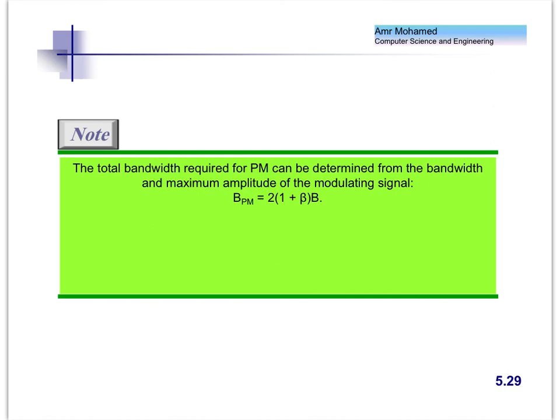So if we were to summarize all the AM, FM, and PM. The bandwidth for all cases is 2 times 1 plus beta times B. So for AM, what's the value of beta, guys? 0, exactly.